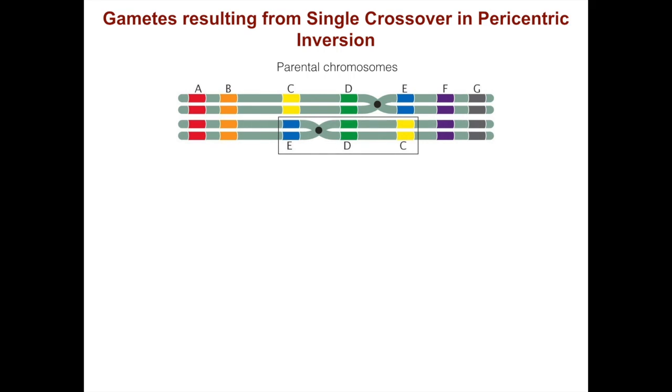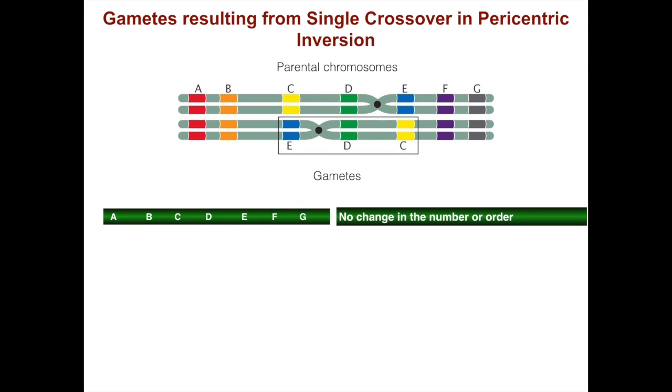And then you have your pericentric inversion chromosome that has an inversion in the order of genes E, D, and C. When you form gametes, you have the parental gametes with no change in the order or the number.